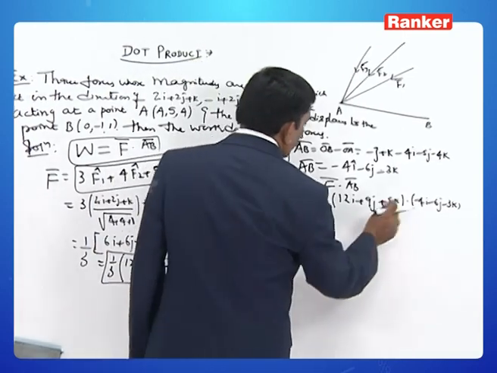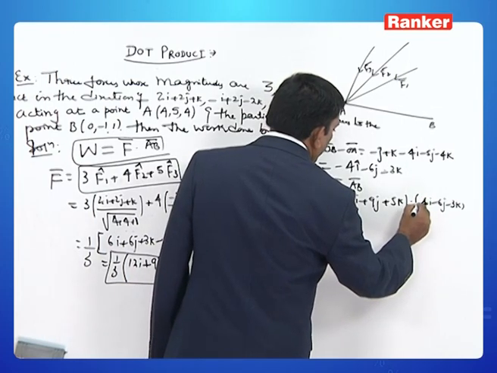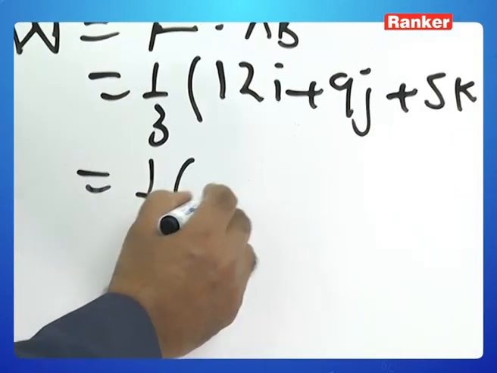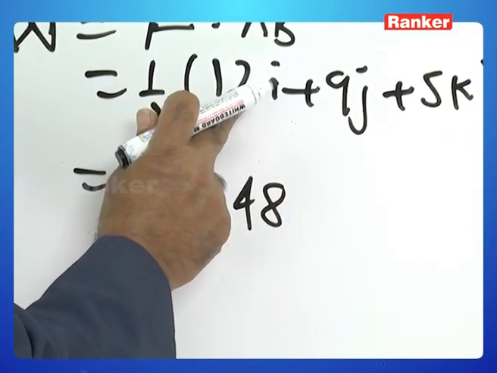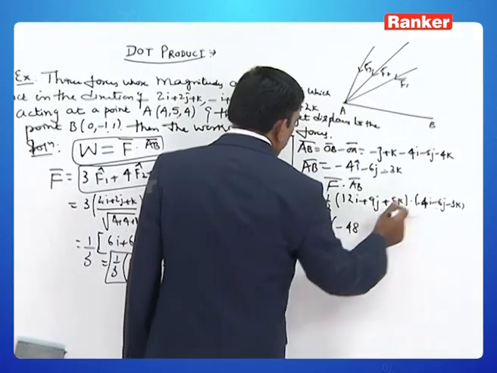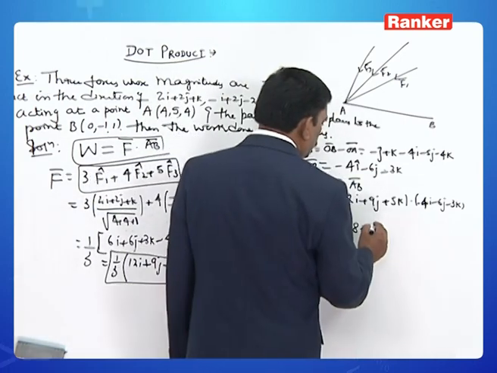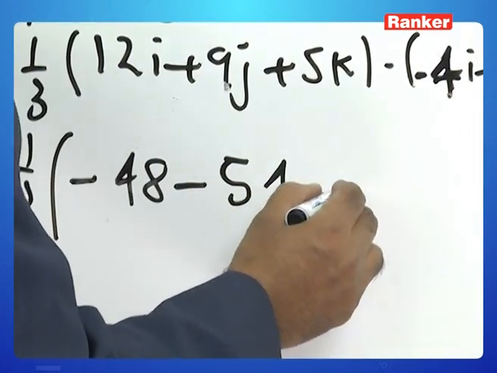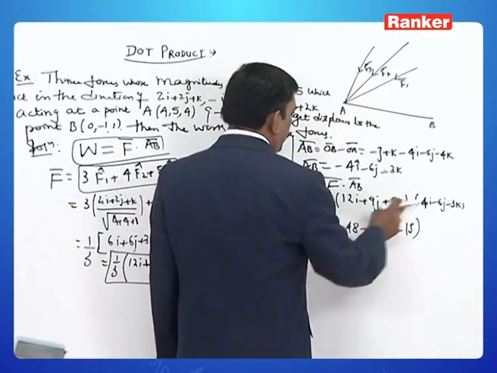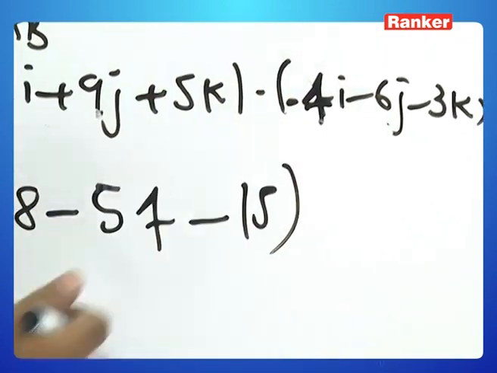Minus 4i. Now 1 by 3 into minus 48, since i dot i is 1. Next, 9 into minus 6, minus 54, and 5 into minus 3, minus 15. Simplify: 12 into minus 4, 48; 9 into 6, 54; next, minus 15.